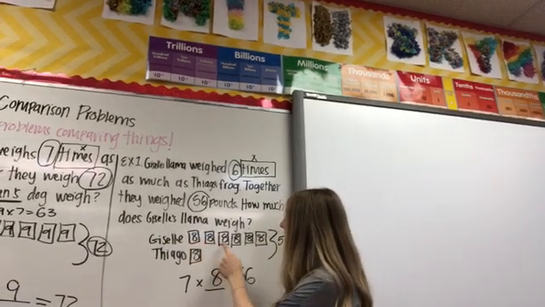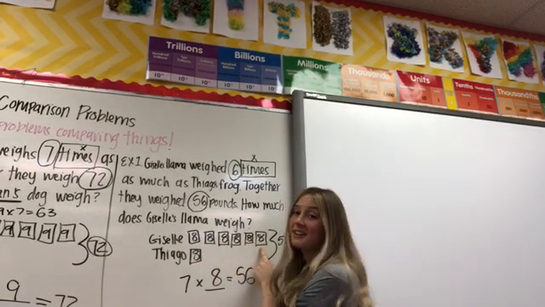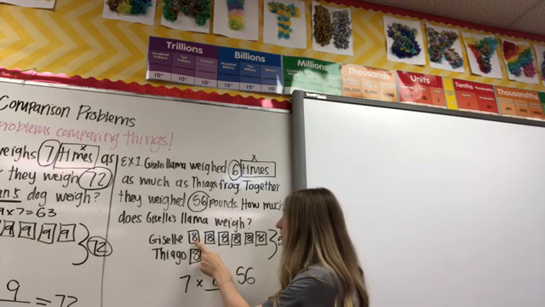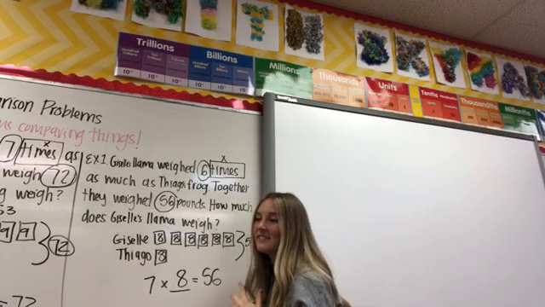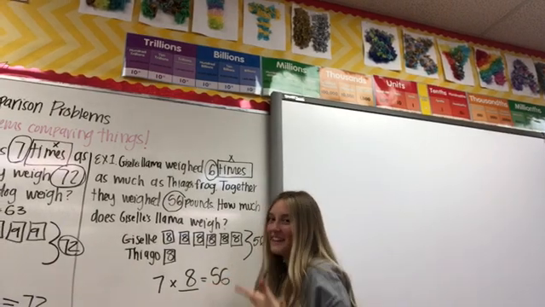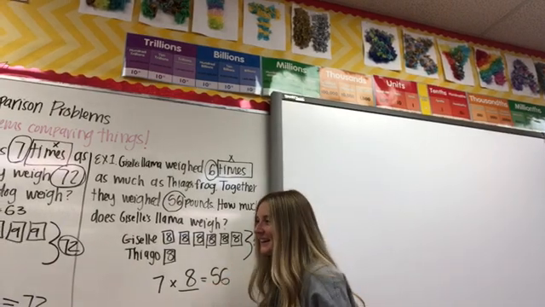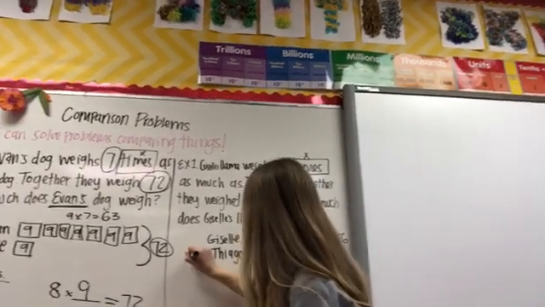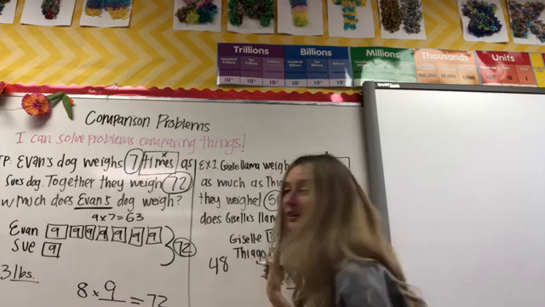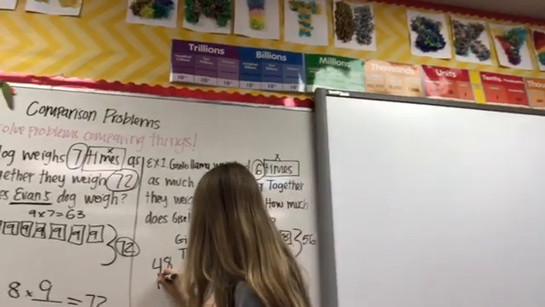It's 8 plus 8 plus 8 plus 8 plus 8 plus 8, and you can totally do that. Or you could just do 8 times 6 because there's 6 boxes. And 8 times 6, maybe it's coming, is 48, okay? So we know that Giselle's llama weighs 48, and don't forget we have to write pounds.